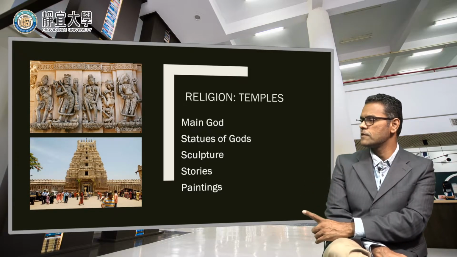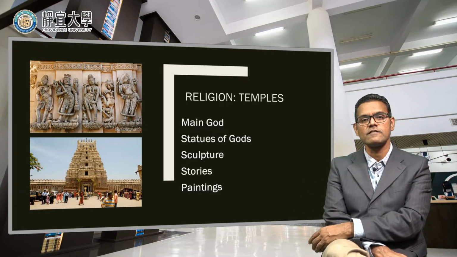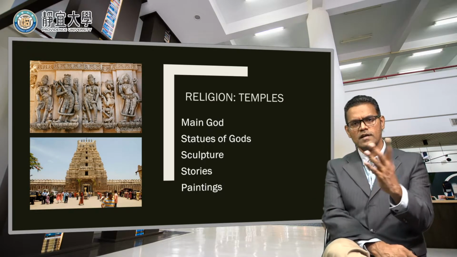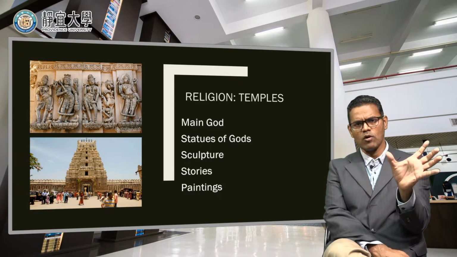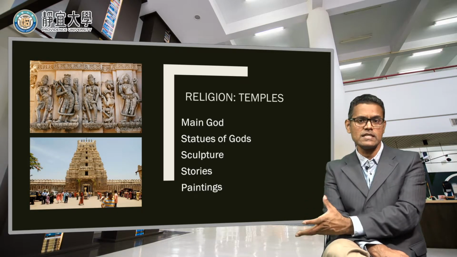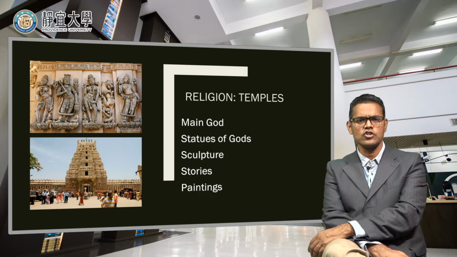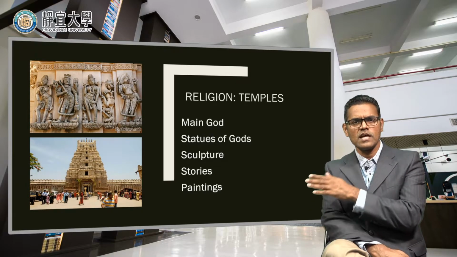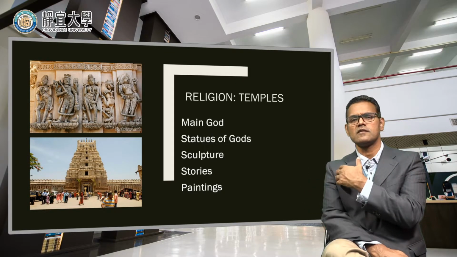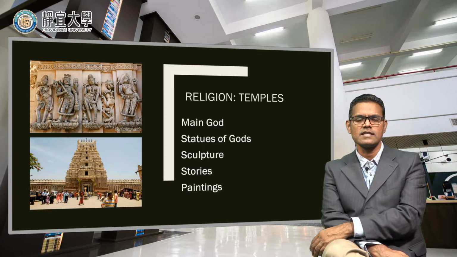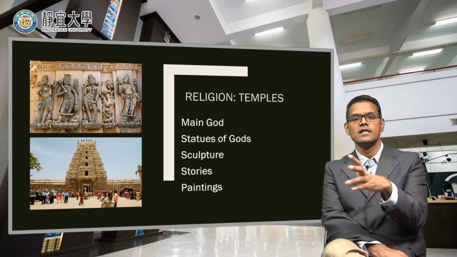See, look at this picture, the second picture. This is the entrance of the temple. This is how it looks. You can also compare Taiwan temples and Indian temples, or Taiwan temples with the European churches. So this is the entrance, and you enter, and you would have different sites inside the temple.